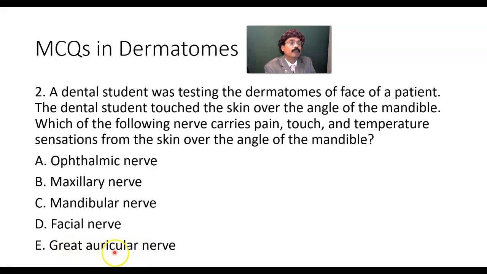The root value is C2, C3. Not the facial nerve, and not any of the trigeminal divisions. The answer is the great auricular nerve.